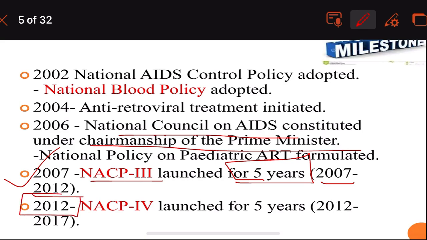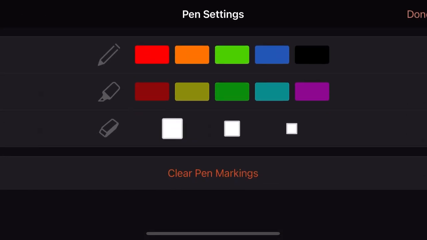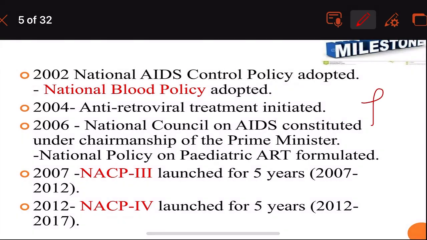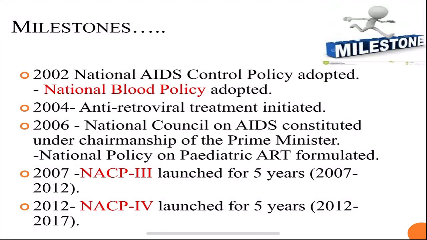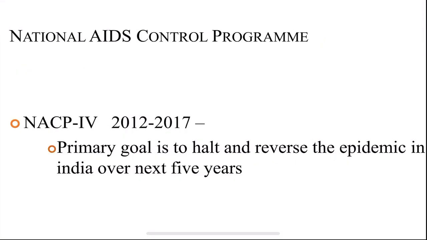In 2012, NACP 4 was launched for 5 years again, from 2012 to 2017. So 7 to 12, 12 to 17, 5-year plans.